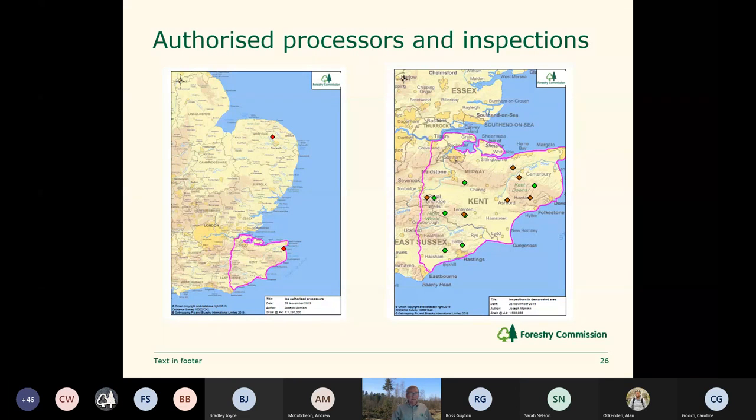This information, the map on the left here, shows the two current authorised processors. There are a couple of others we're talking about, but principally this is the power station in Sandwich, which takes in roundwood of virtually any size or shape, and Thompson's sawmill up here, which is particularly keen on conifer log material.